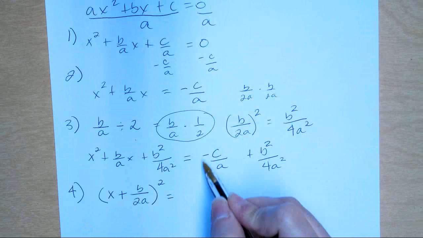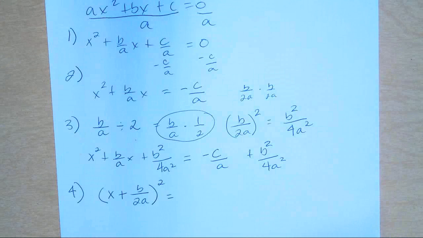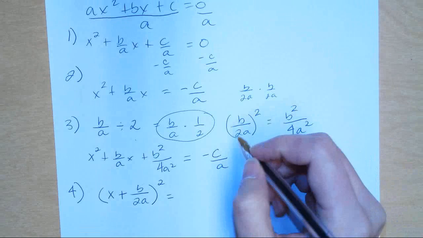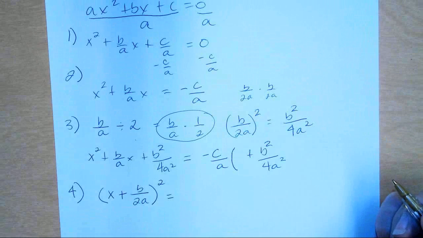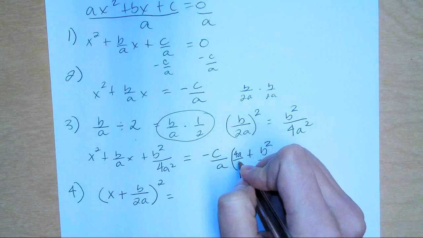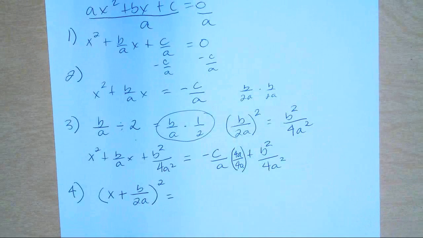How do we combine these fractions? How do we ever combine fractions when we're adding? Common denominator. So in order to get a common denominator, I'm going to have to multiply this fraction by 4a over 4a to get 4a squared in the denominator. Do you see that?